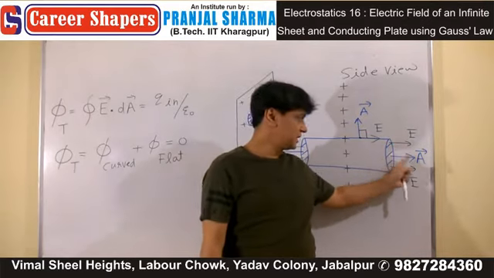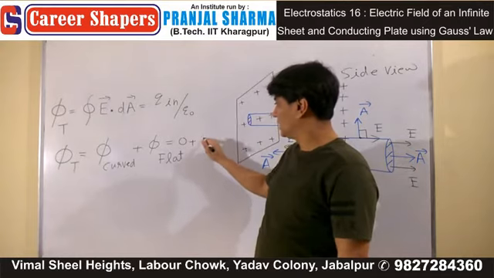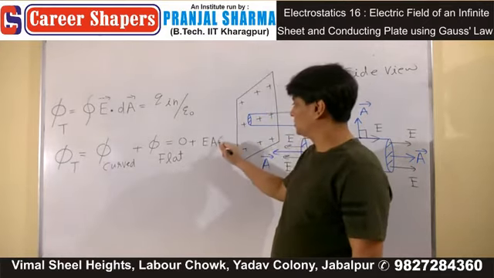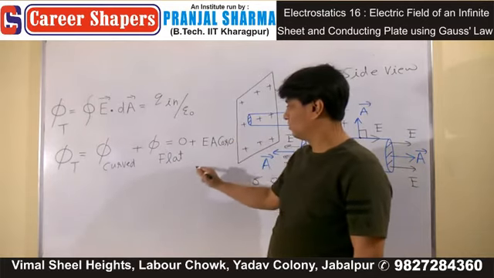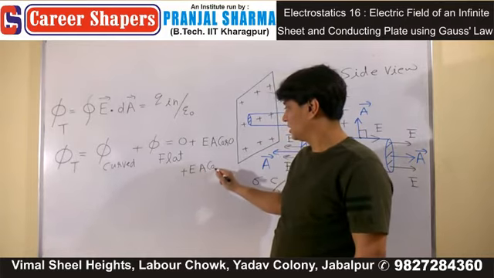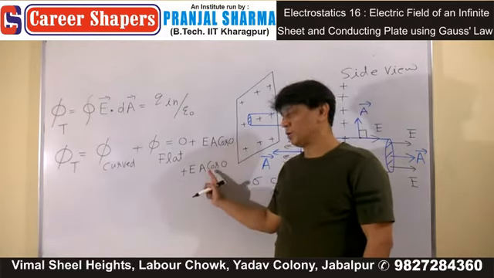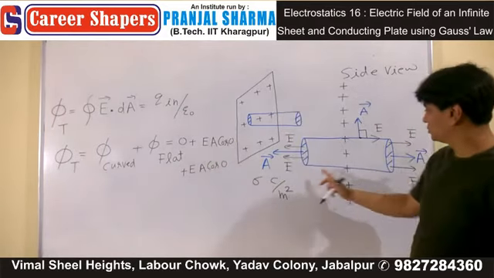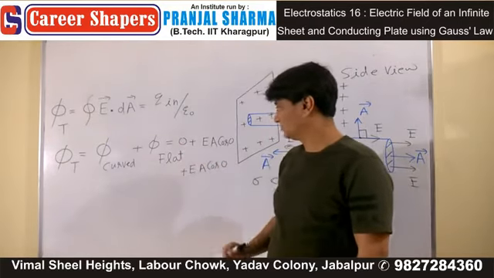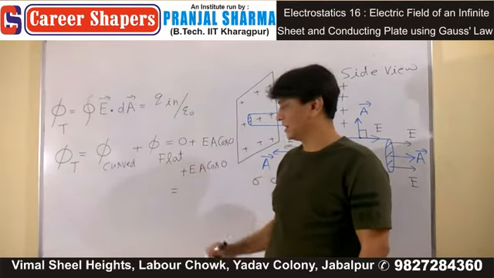For flat portions, E and A are parallel, and therefore you will write E into A cos 0, plus E A cos 0, E A cos 0 for these two flat portions. This is through the curved surface, and the whole thing is charge inside.